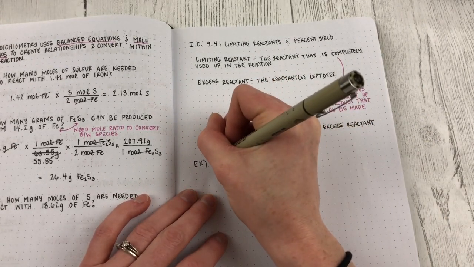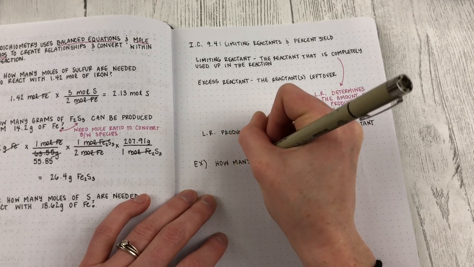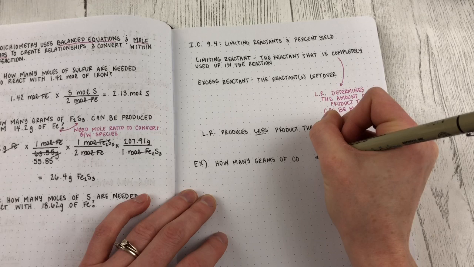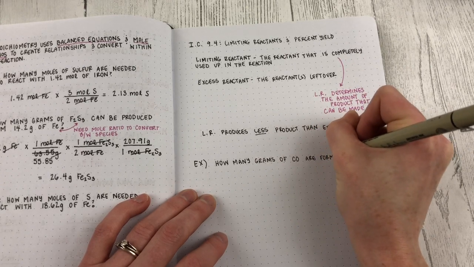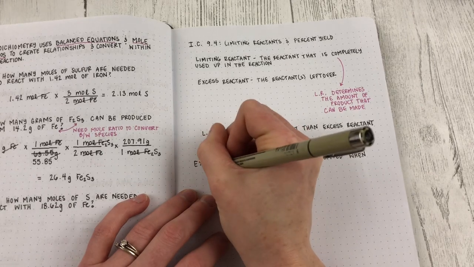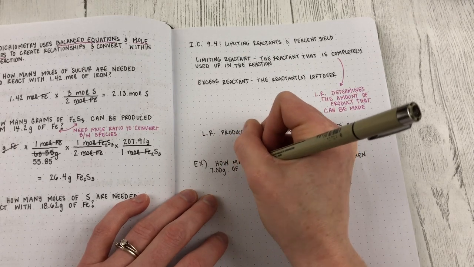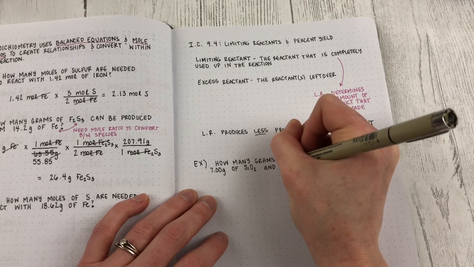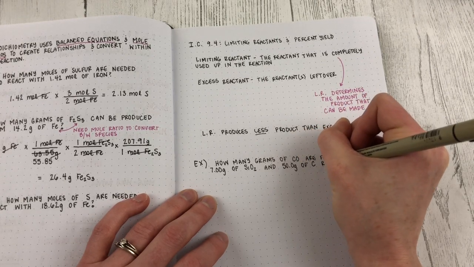So let's do an example. How many grams of carbon monoxide, or CO, will form when 7 grams of silicon dioxide and 50 grams of carbon react?